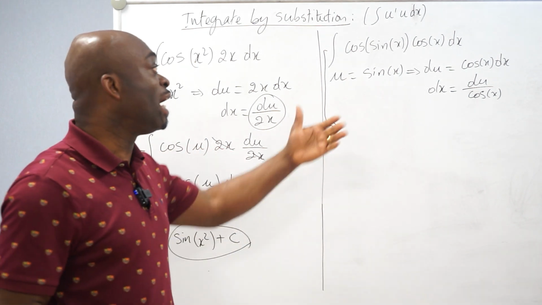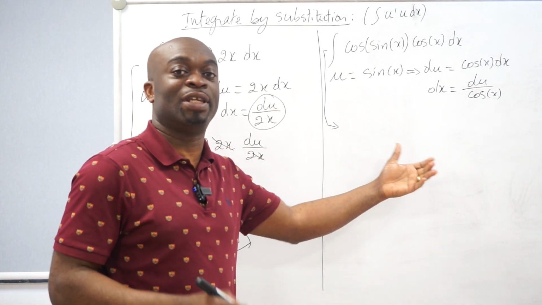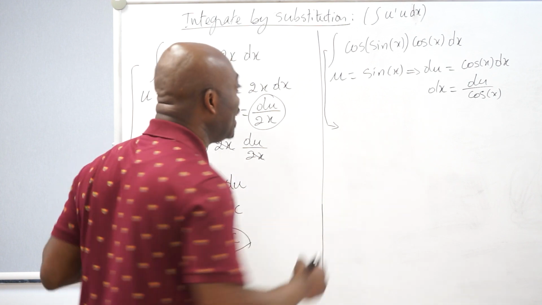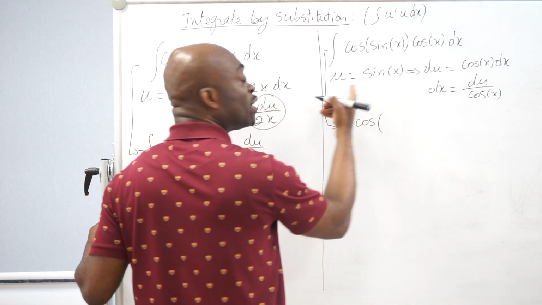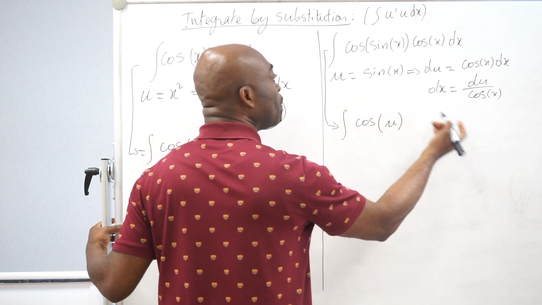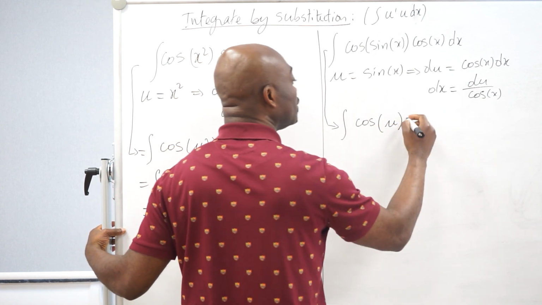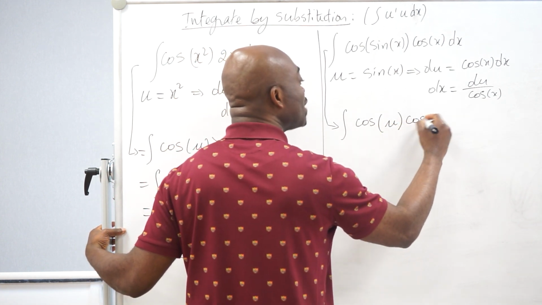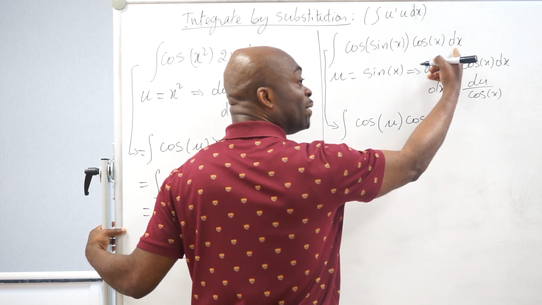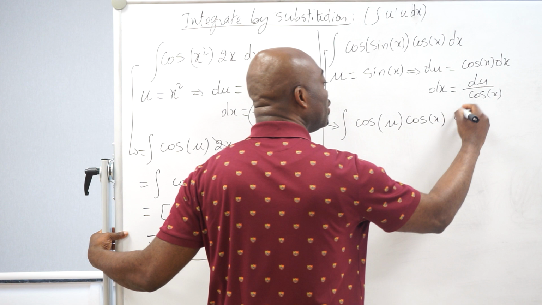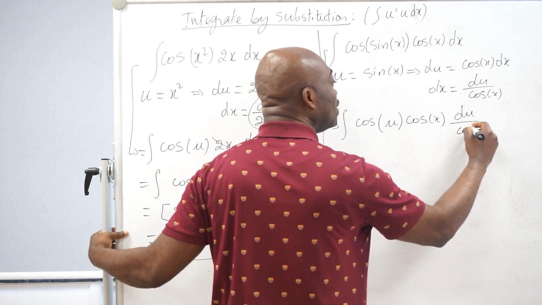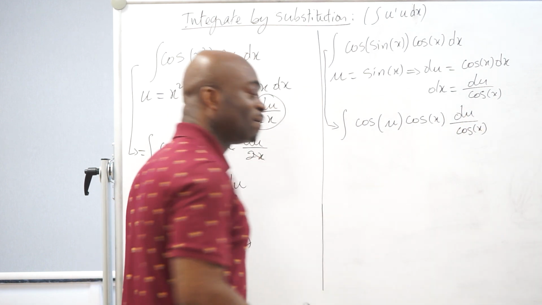Ladies and gentlemen, now you're going to substitute. So it's going to give us cosine of sine of x, which we said is u, times cosine of x. And don't forget about dx. dx now is du over cosine of x. Gentlemen, we good?